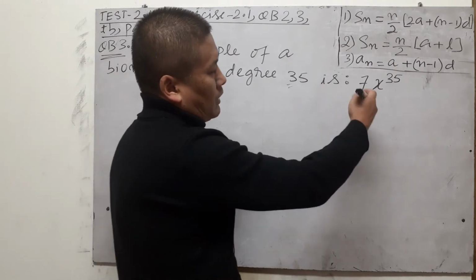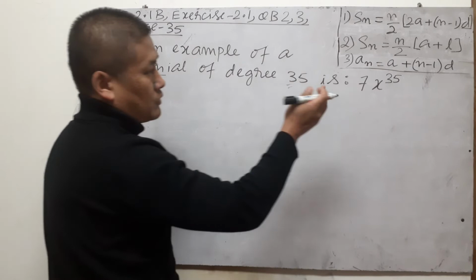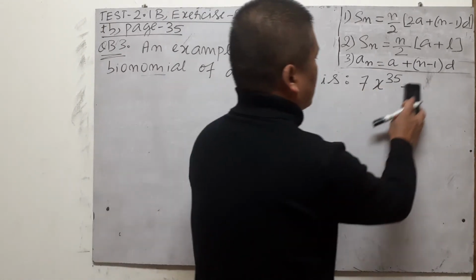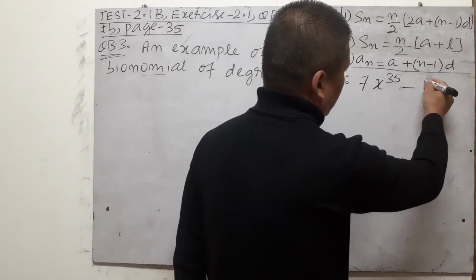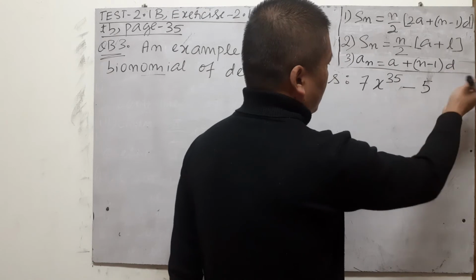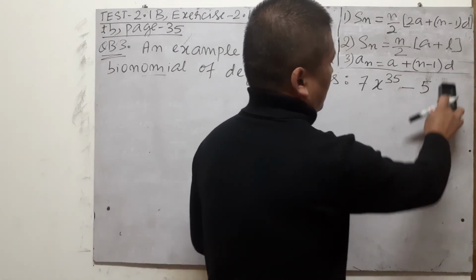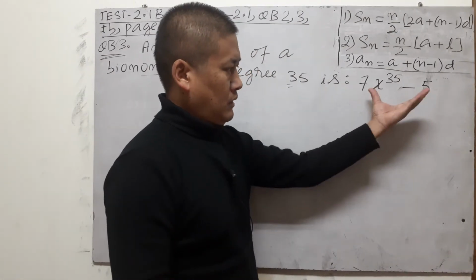So there should be no x power higher than 35. But they're saying binomial means there should be two terms. So you can put plus also or minus also, whatever you like. Then you can write here anything, 5, 35, whatever number you like. And you can leave it like that. And then it has got two terms, right? So this can be your answer.